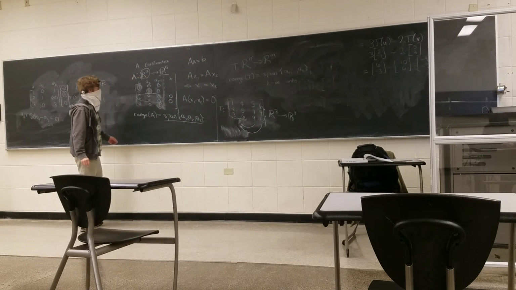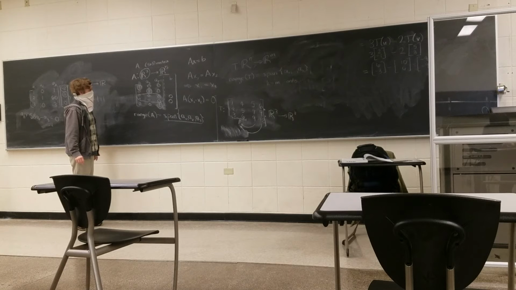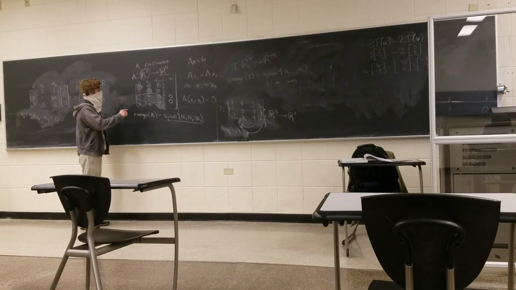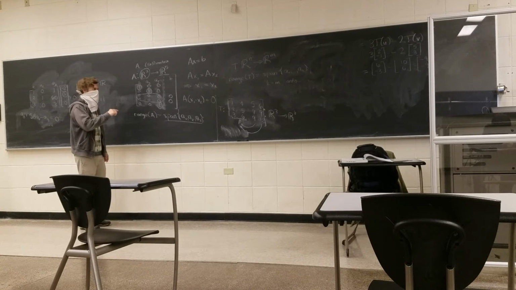And in terms of pivots, that means that we have as many pivots as we have columns. Oh, for onto, yeah. As many pivots as we have rows. Right.